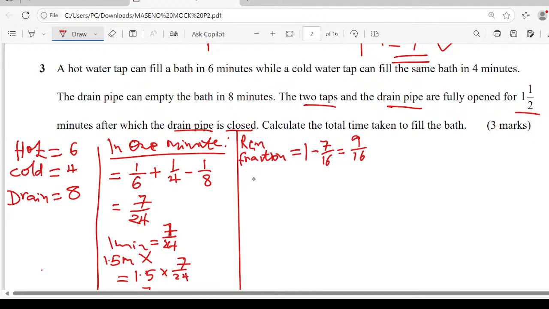In 1 minute, the hot will fill 1/6 plus the cold will fill 1/4. When you add this using your calculator, 1/6 plus 1/4, you get 5/12. That is the fraction being filled in 1 minute by the hot and the cold taps running together.